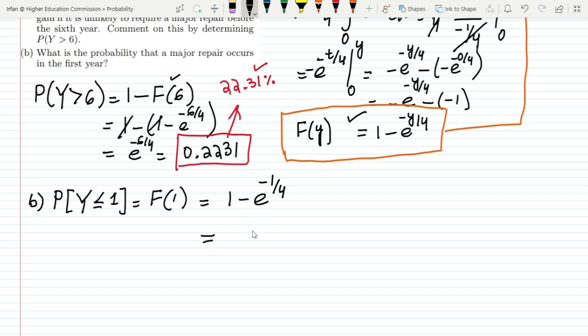From it I will get 0.2212, which is the solution of part B of my question, and this value is also not low, around 22.12%. This is also a very major constraint in the product, because it will require a major repair within the first year, and the probability of it is around 22%.